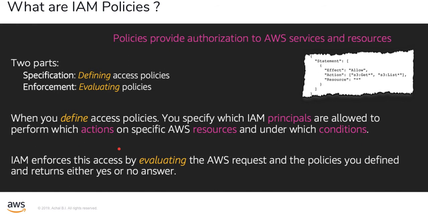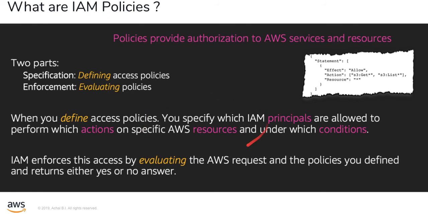When you define these access policies, you specify a certain set of parameters. These parameters are things like IAM principals, which action they are allowed to perform on what specific AWS resources, and under which particular condition.